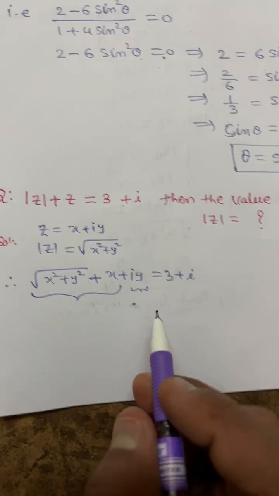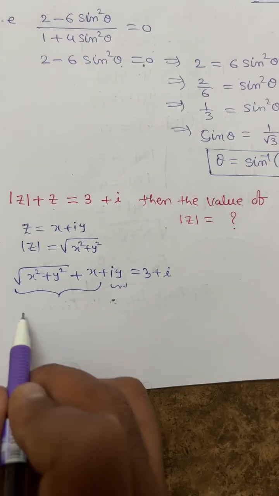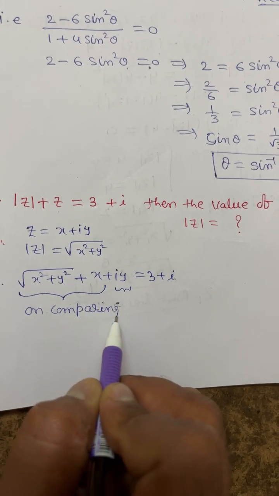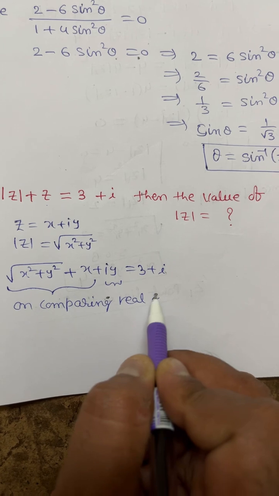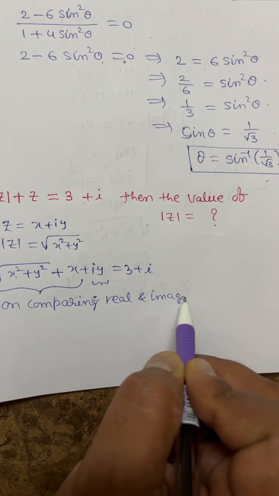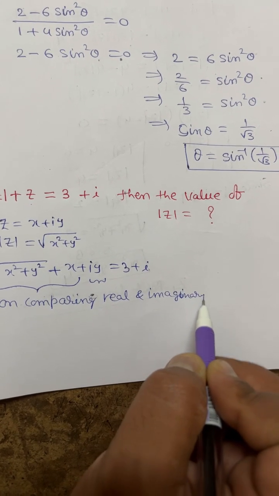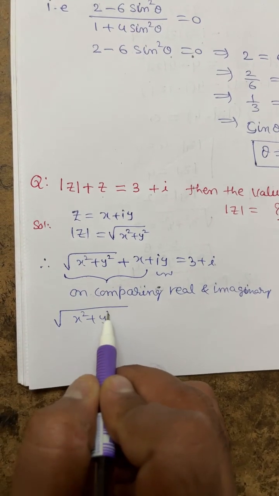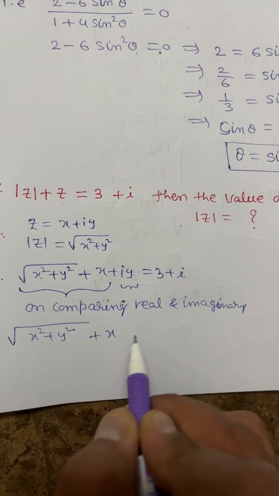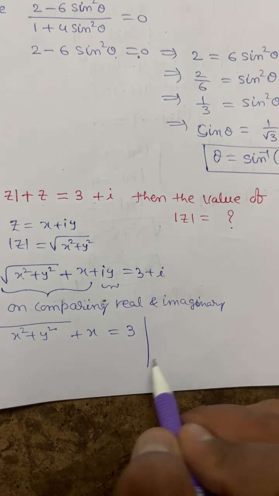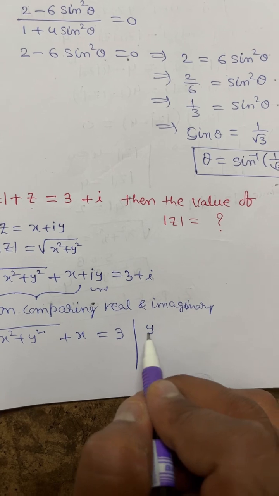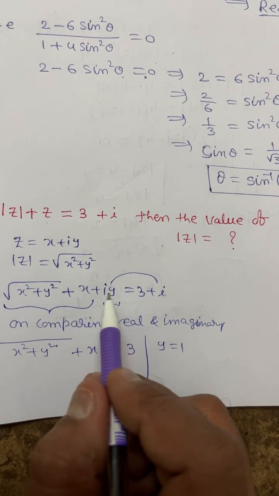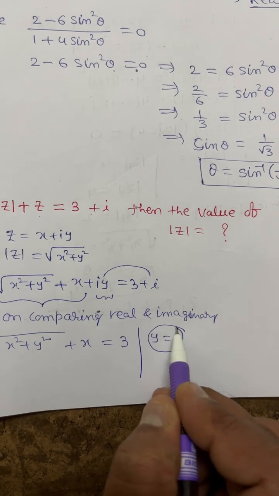So on comparing real and imaginary parts, root x square plus y square plus x is equal to 3 and y is equal to 1. Imaginary parts, if you compare, the i coefficient here is 1, here the i coefficient is y. So y value is 1.